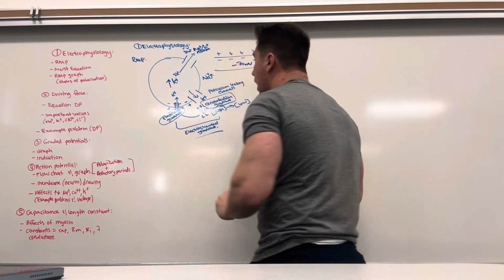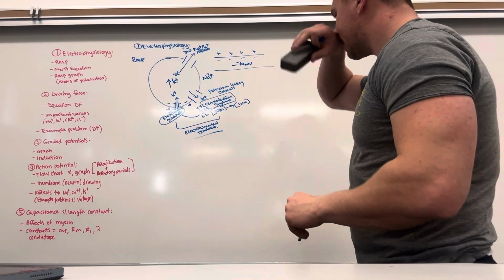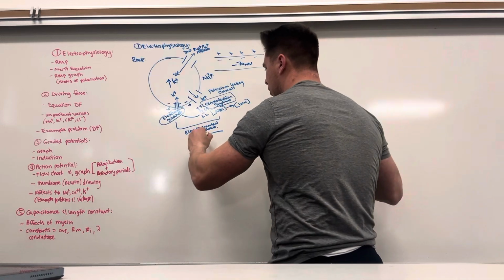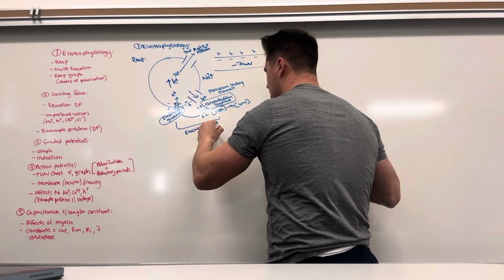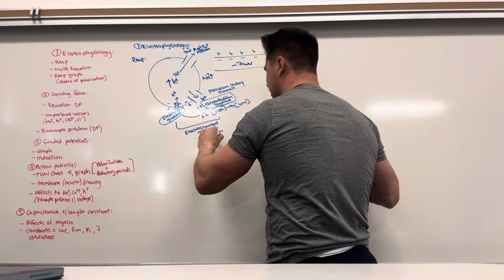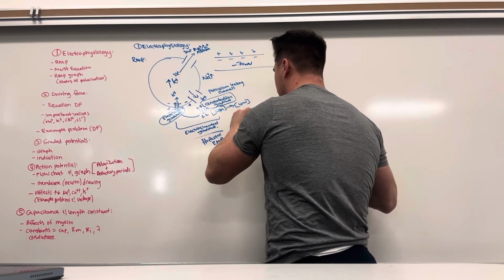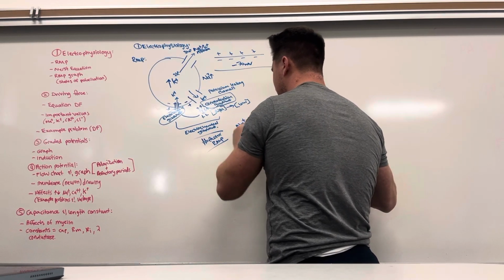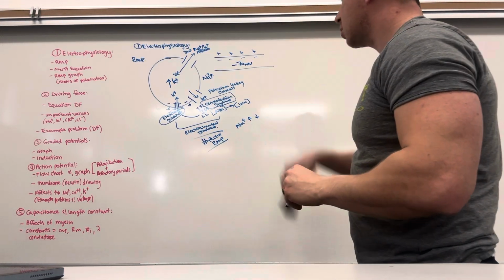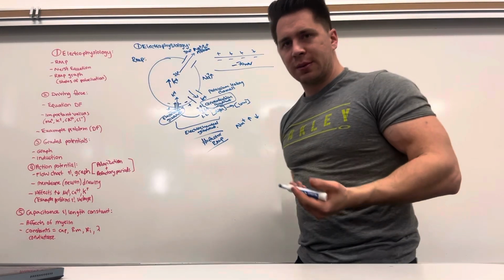Okay, and this is what plays the number one factor in resting membrane potential. Now sodium, if we increase or decrease it, does not have anything to do with changing resting membrane potential.